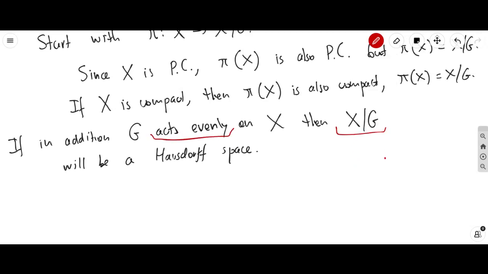You have to carefully remind yourself how the quotient space is made, and then you have to remind yourself what it means to be Hausdorff. But when you carefully go through all of that, you will see that the quotient will indeed be a Hausdorff space if G acts evenly. And you can try to think of your own examples when you get something more bizarre, when the group does not act evenly.